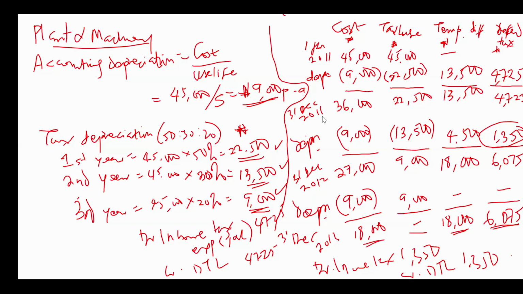Thank you, sir. Based on this calculation you have on the screen, sir. If you look at that accounting base as at 31st December 2013, we still have a carrying amount of 18,000. Absolutely. So it means that possibly if the question goes beyond 2013, 2014 will equally have depreciation of 9,000.